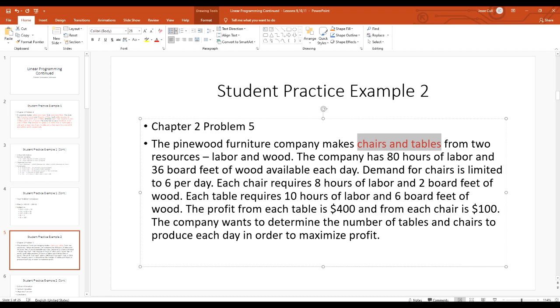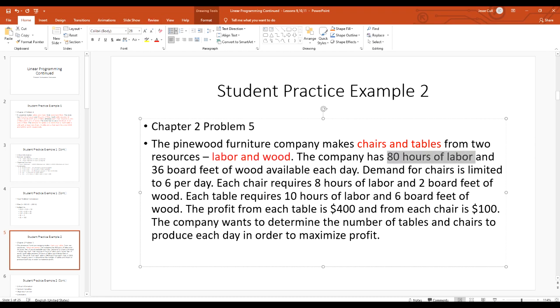And they are made from 2 resources, labor and wood. So here again, most likely we have limitations. When we are manufacturing, our resources are limited. If it is limited, these resources represent constraints or limitations.